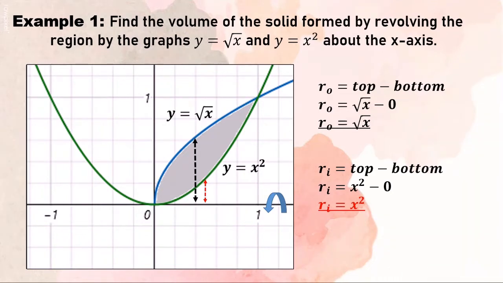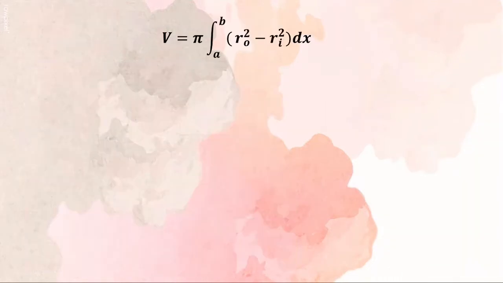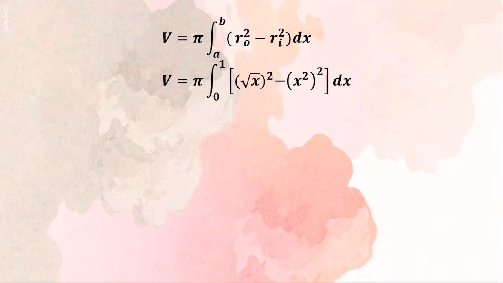Since example 1 is rotated around the x-axis, this is the formula that we're going to use. First, just substitute the values of the interval and the outer and inner radius. So we have here the volume equals pi times the integral from 0 to 1 of square root of x squared minus x squared raised to the power of 2 dx.